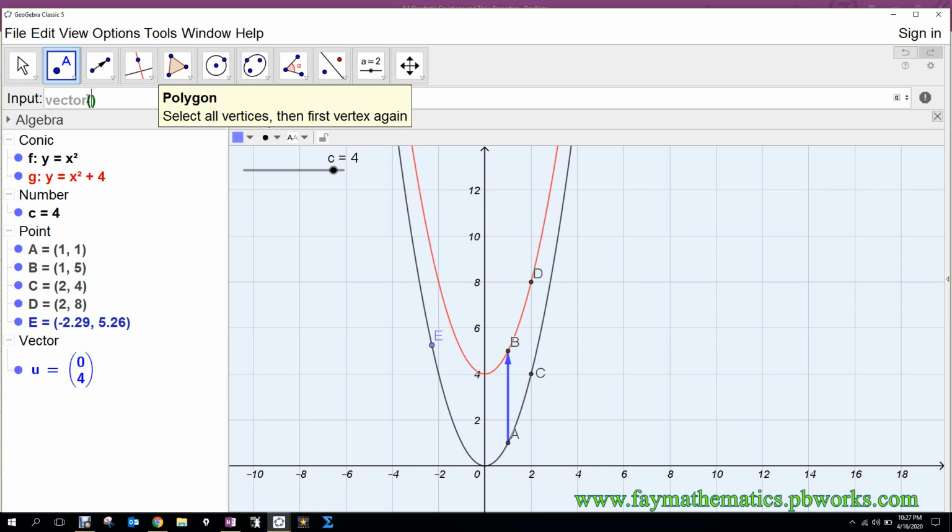Let's say it's going to be the x value of E. Okay, do it this way. Hold on a second. I don't think I can do it that way.